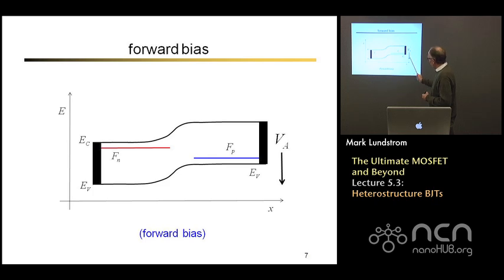When we apply a positive voltage, we pull that quasi-Fermi level for holes down. In order to maintain charge neutrality, we have to keep the separation between the quasi-Fermi level and the valence band constant. And the Poisson equation makes sure that we do that. So when we're all done, we pull everything on the P side down by the applied forward bias. That reduces the energy barrier.